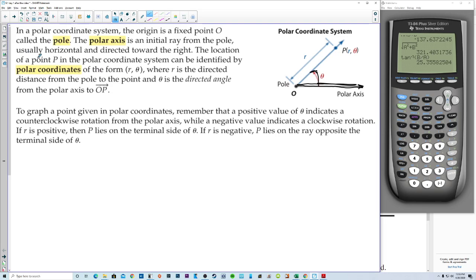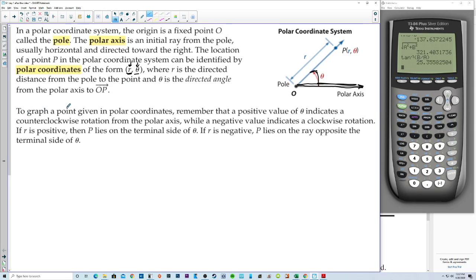The location of a point P in the polar coordinate system can be identified by polar coordinates of the form (r, theta), where r is the radius of the circle and theta is the polar unit circle degree measurement, or it could be radians as well. r is the indicated distance from the pole to the point, and theta is a directed angle from the polar axis to P. So r is the distance from the pole, or we say the radius of the circle, and that's why it's r.